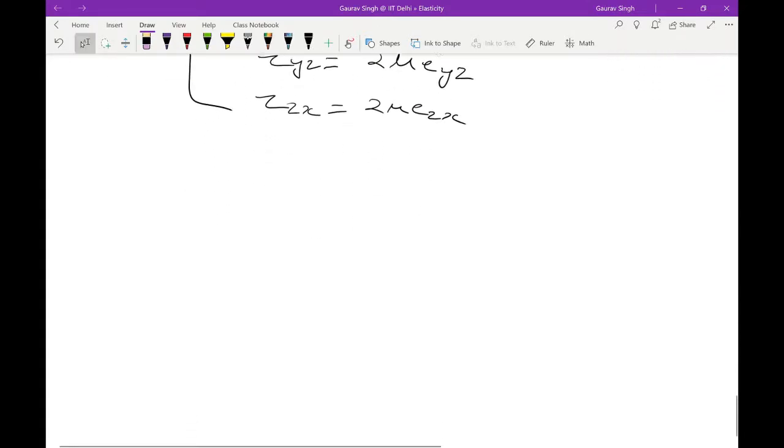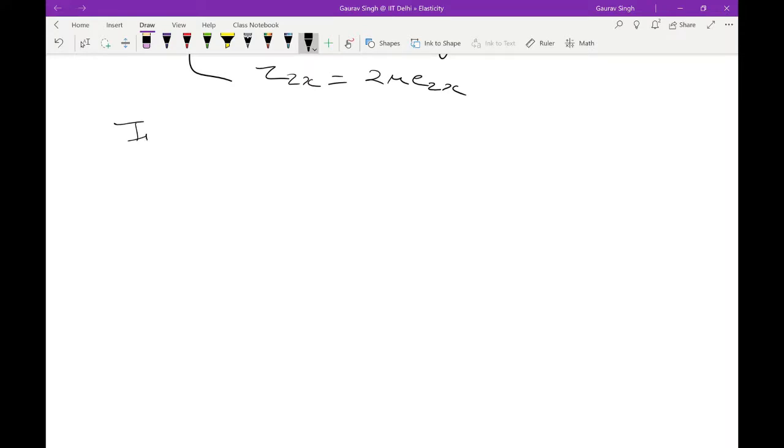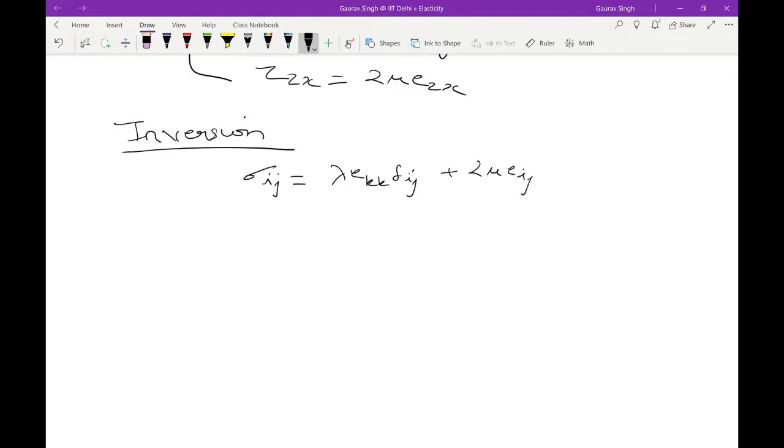So this is called inversion, by the way, you should know this name. So you have sigma ij is equal to lambda e_kk delta ij plus 2 mu e_ij, and you want to find e_ij equal to what? So the first step is called contraction.